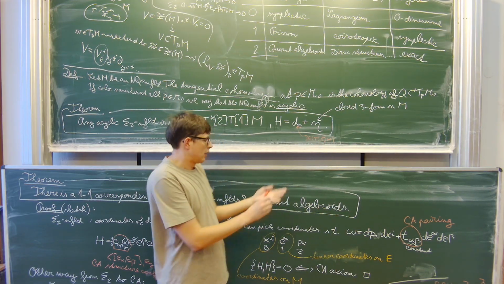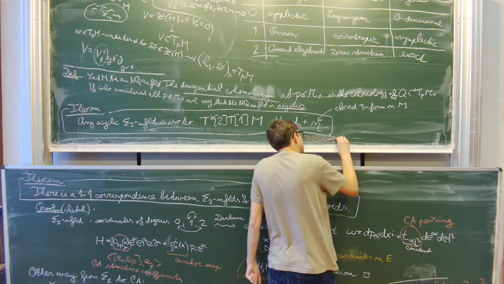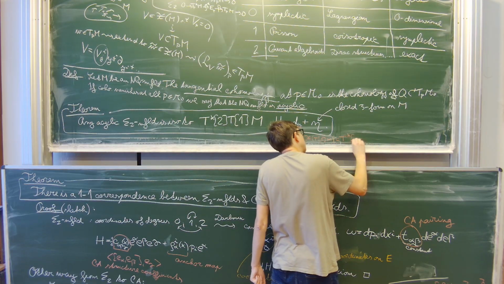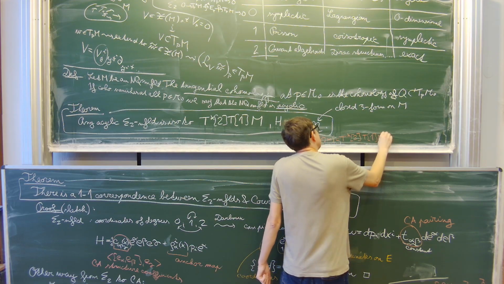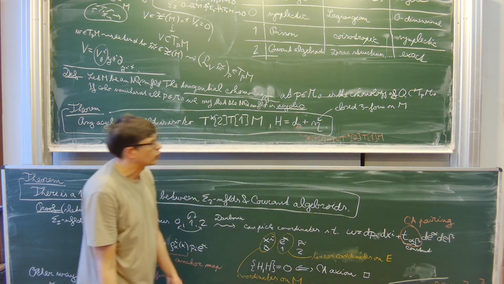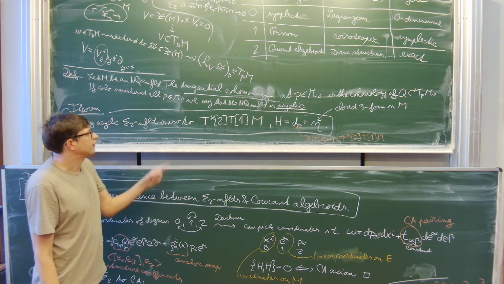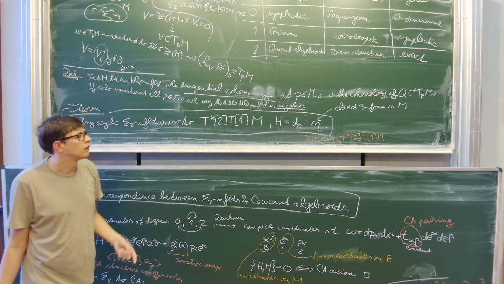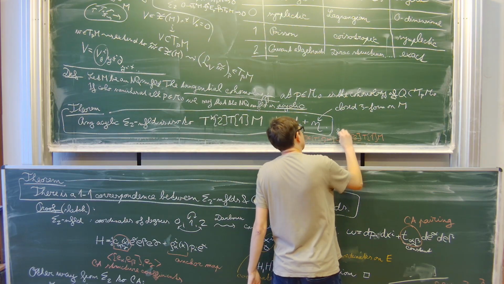And vector fields, as we know, are particular classes of functions on the cotangent bundle. So this is a particular type of function, ignoring grading, if you want. Vector fields are linear functions on the cotangent bundle.